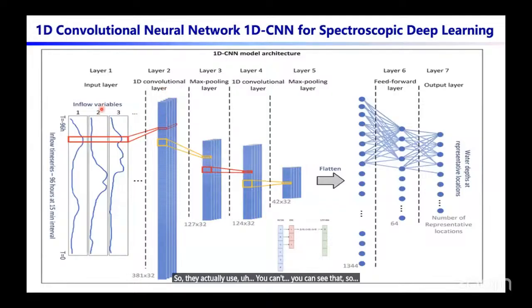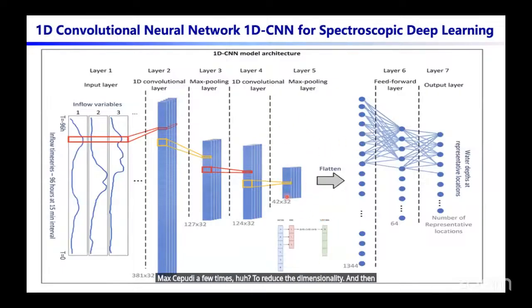If you consider the input as one layer, they have 5 layers to learn the features of the spectroscopic data using this 1D filter scanning process. After 5 layers, you can see that they use max pooling a few times to reduce the dimensionality.